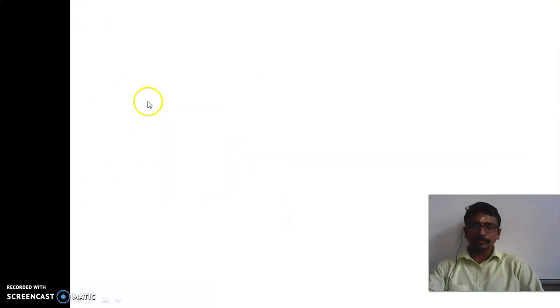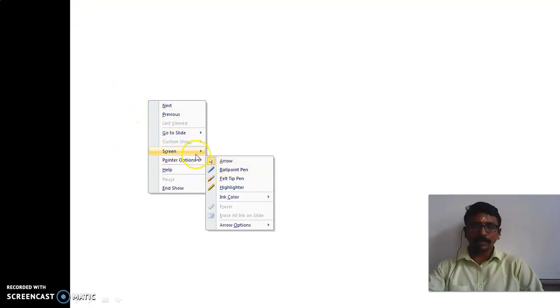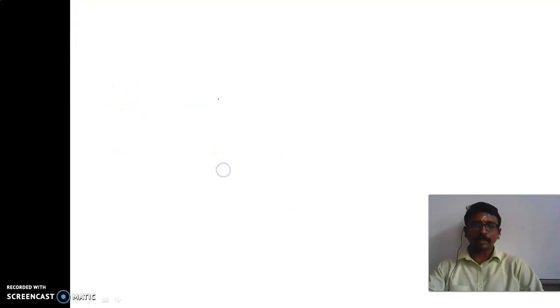If the compound is aromatic, that is benzene, the molecular formula for benzene is C6H6. In that, if one hydrogen is removed, we can tell it as C6H5.